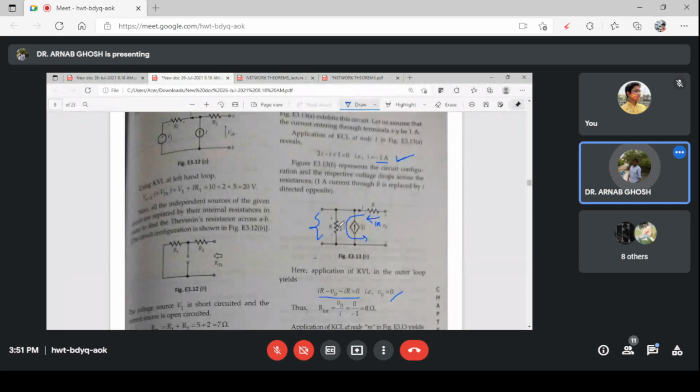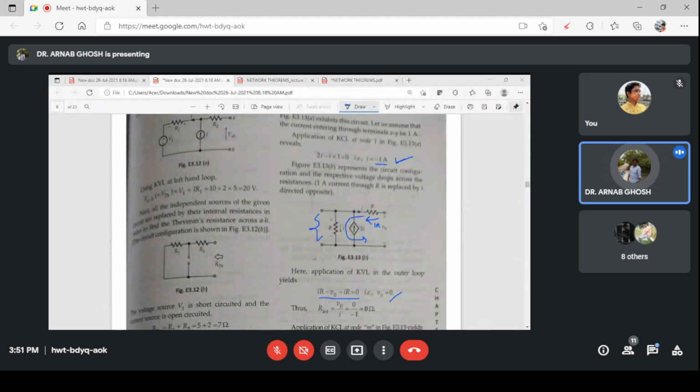This IR, the current is flowing through this loop. Through this loop, IR minus VOC minus 1 into R. So that is entering the loop, that is 1 into R, and this will be equal to 0. I am redrawing the circuit here. Okay, so what you had, you are having here a resistance.